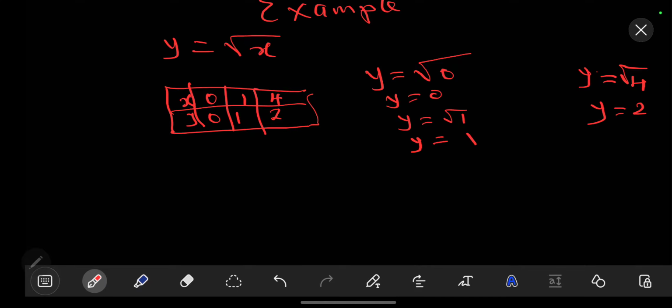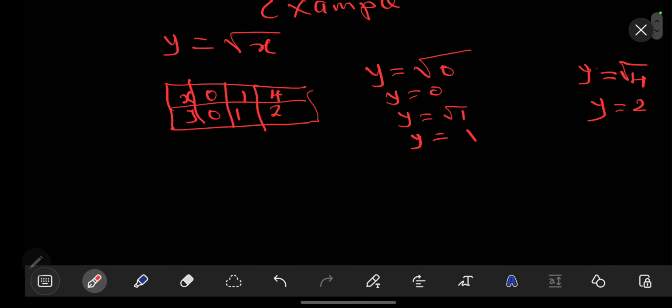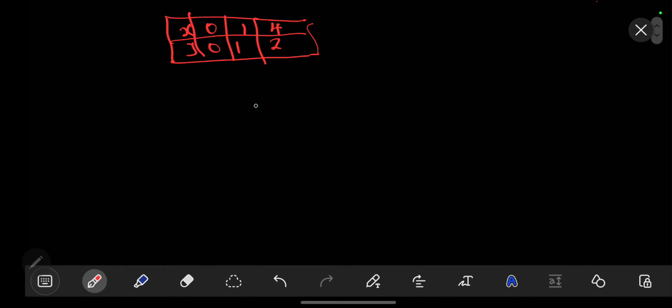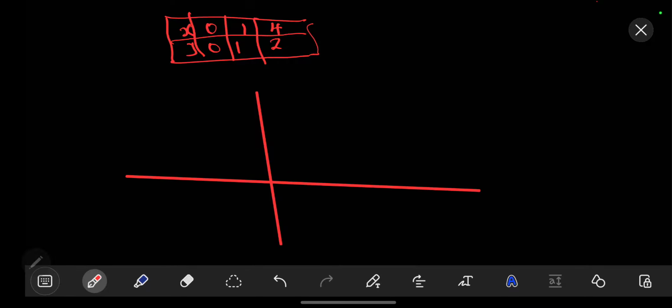So now, what are we going to do? We are going to connect these points. We have 0, 0 here, we have 1, 1, and we also have 4, 2 there.